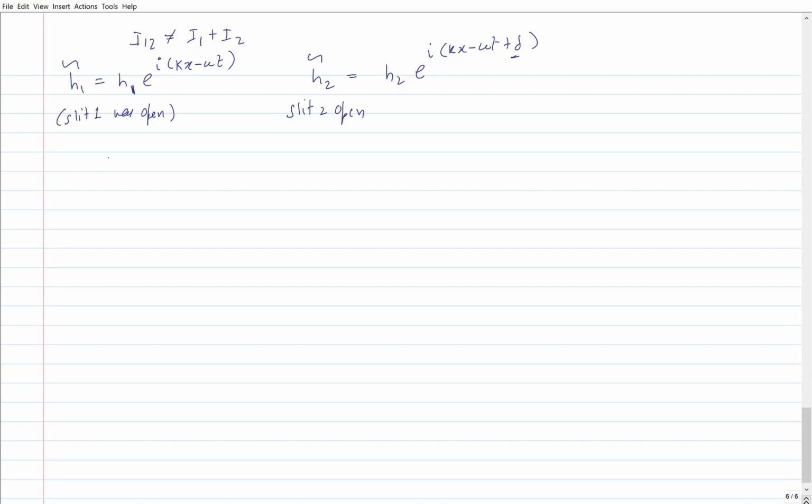And how do these waves add up? I just sum up over the amplitudes. So essentially, these are the waves at a particular x on the screen.